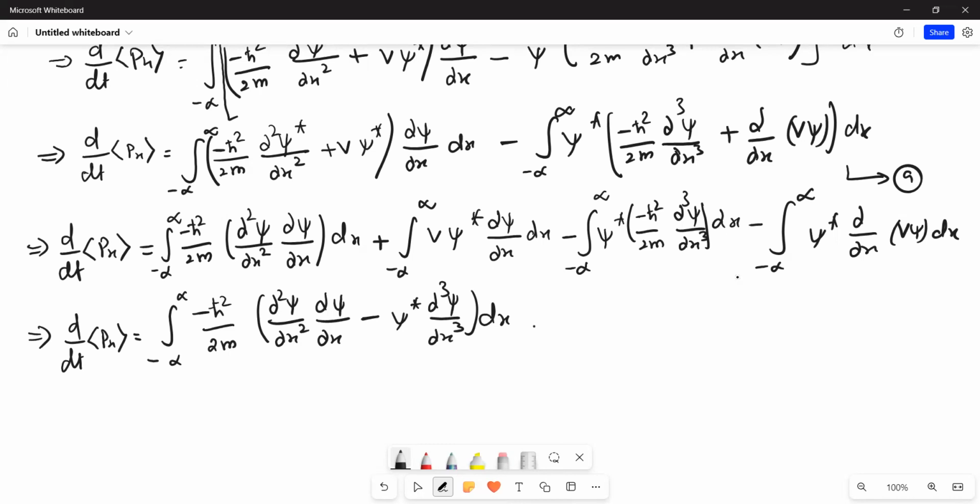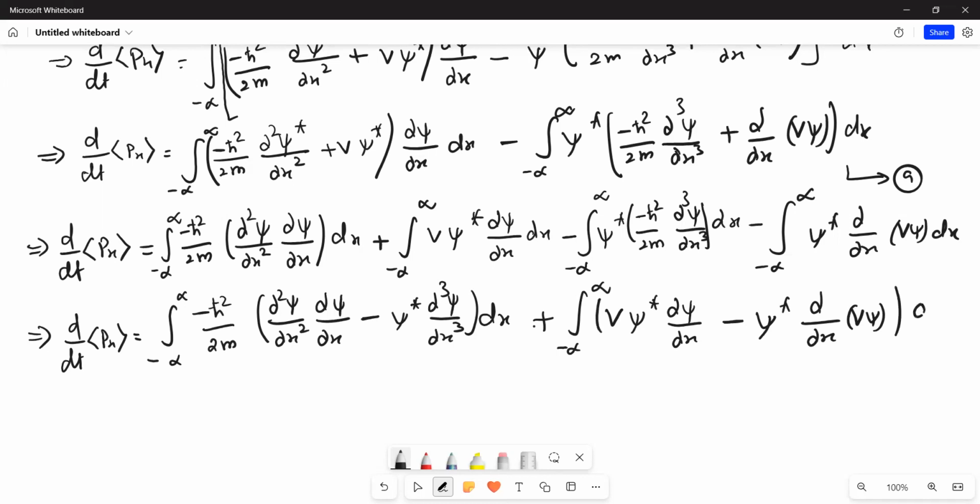Then plus the integral from minus infinity to plus infinity; take these two: Vψ* ∂ψ/∂x minus ψ* ∂/∂x (Vψ) into dx.